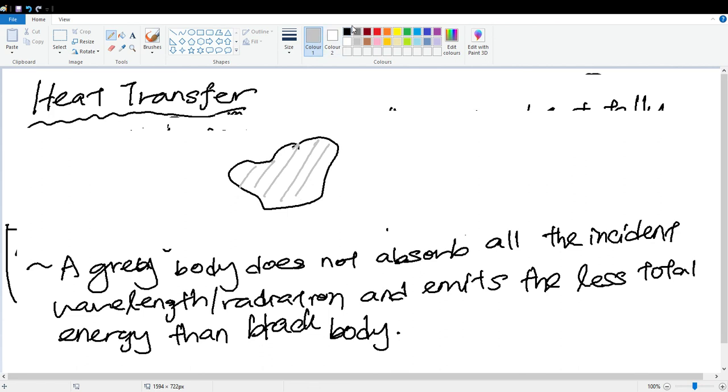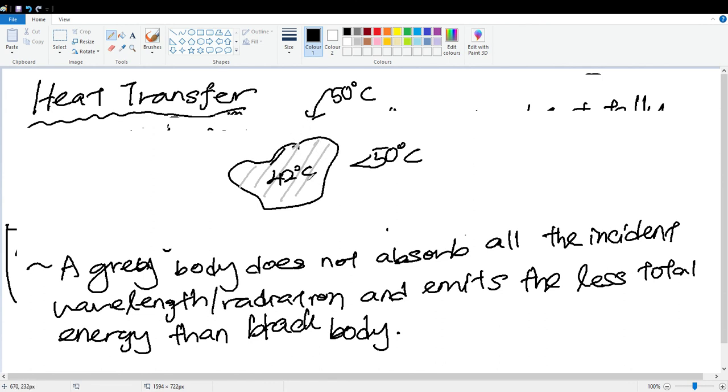So let's say the thermal radiation is actually 50 degrees Celsius. So what it will absorb is possibly less than 50 degrees Celsius. Let's say the temperature of this gray body is 42 degrees Celsius. So it is not necessary for the gray body to absorb all the possible wavelengths surrounding it.